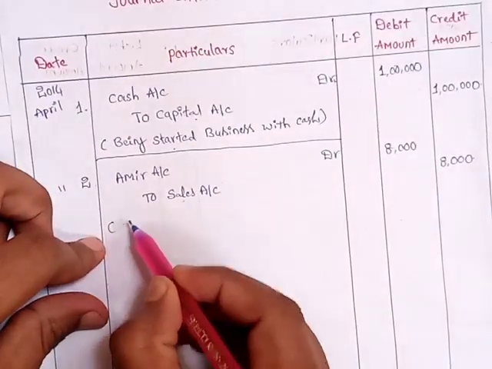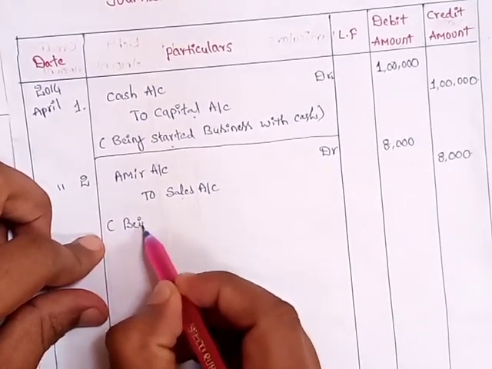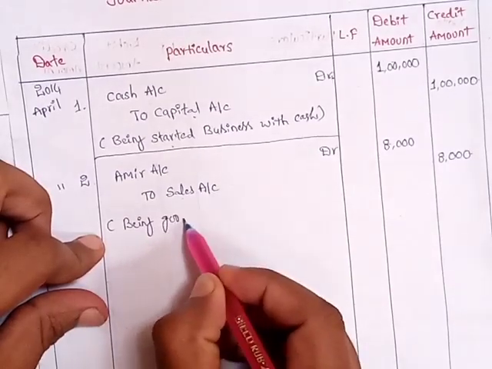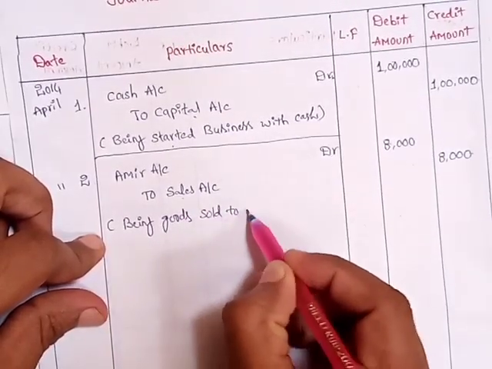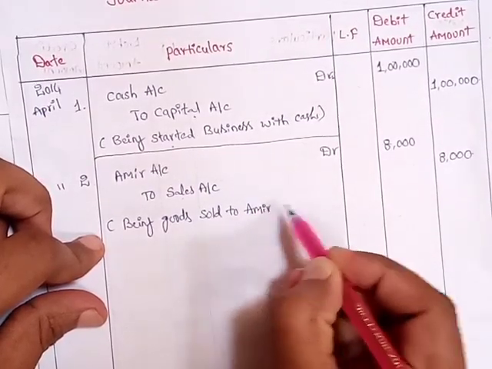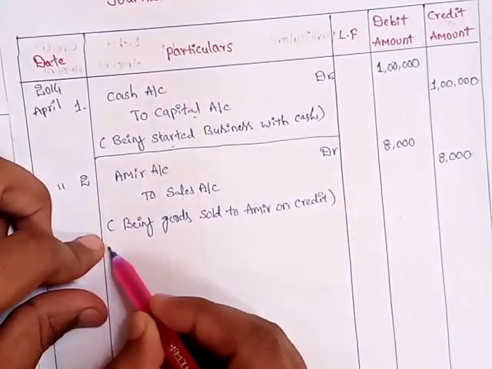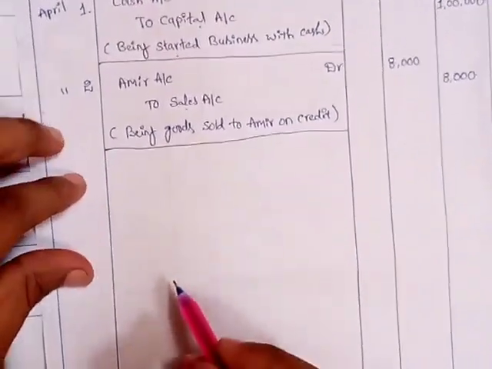Now in third line we should write the narration, being goods sold to Amir on credit. This is the second entry.